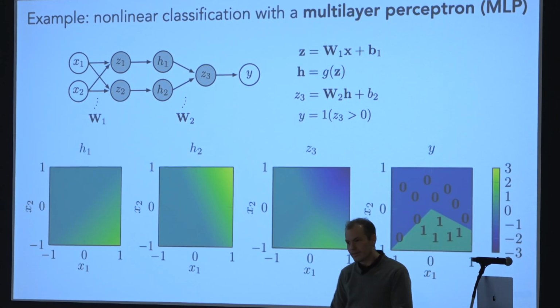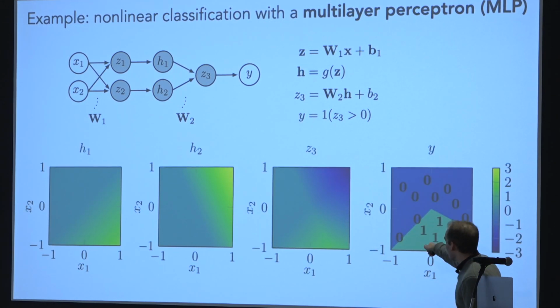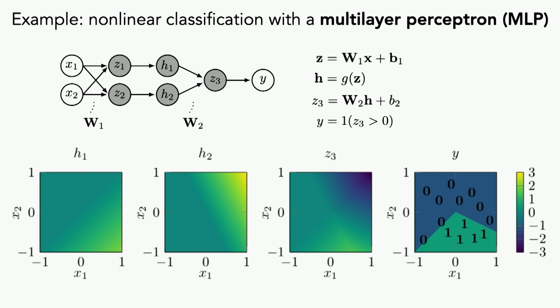Okay, so here are now the visuals for particular settings of the weights W1 and W2. So if I change those weights, these pictures will change. But for one particular setting, here is the value of this unit as a function of the values that the inputs can take on. Okay, right? So what does it look like?